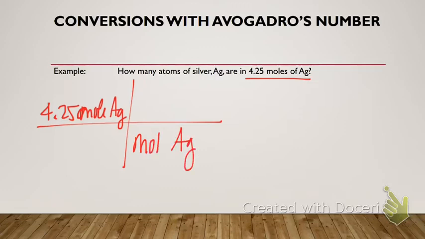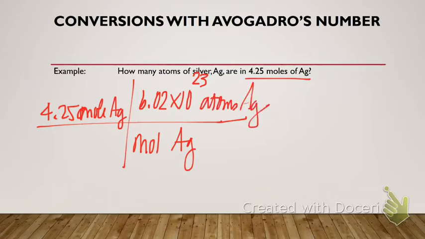And how many atoms are in a mole? 6.02 times 10 to the 23rd atoms of silver. Cancel, cancel. So we're going to take 4.25 times 6.02 times 10 to the 23rd, and we're going to get an answer. And how many sig figs do we want to put it in? 3. Notice we look at what's given to us in the problem to decide that.